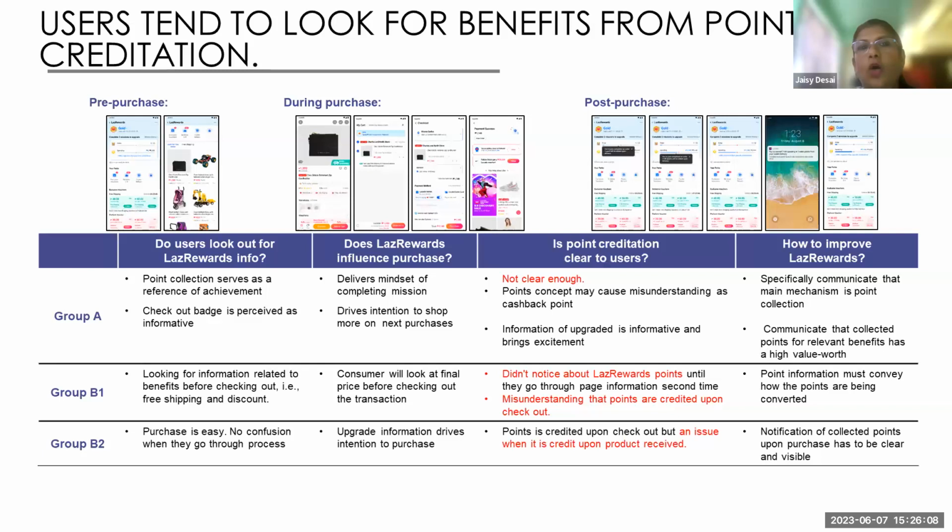Or it could be on how a customer uses a specific point accreditation, or a reward program. How do they actually use it? So before purchase, during purchase, post purchase. How do they actually understand the benefits that come with these rewards?